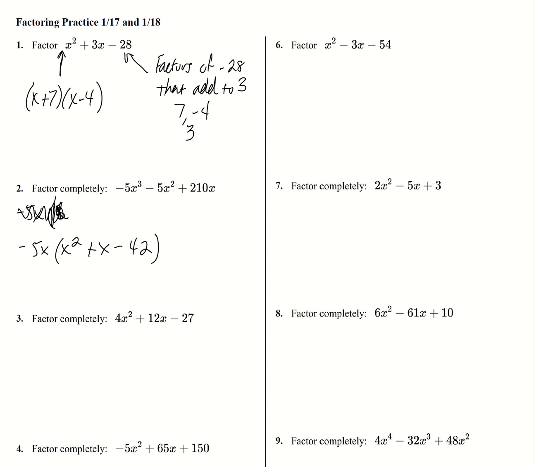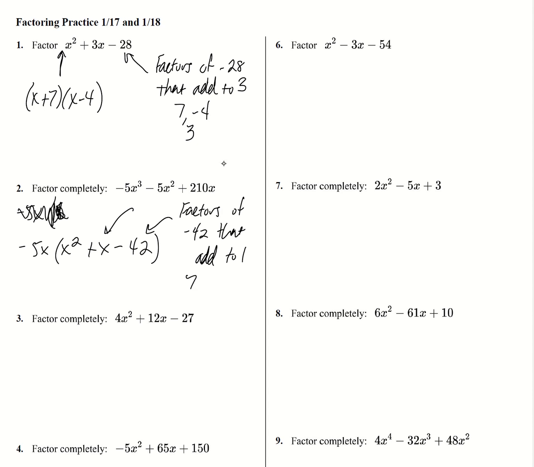The next thing you have to check is, can you factor this expression further? And in this case, you can. So we have to find factors of negative 42 that add to 1.